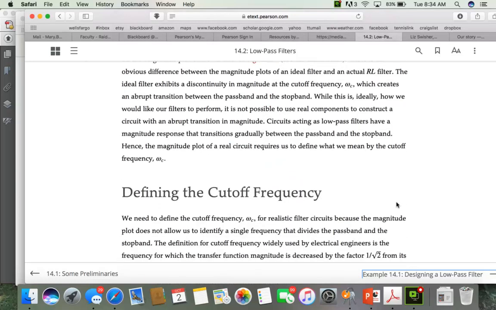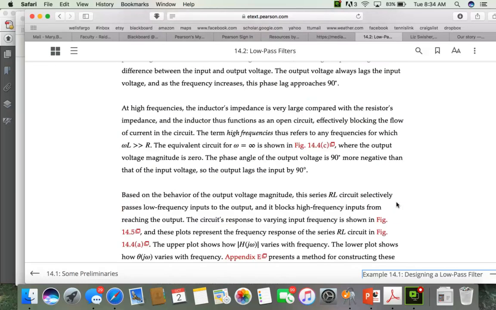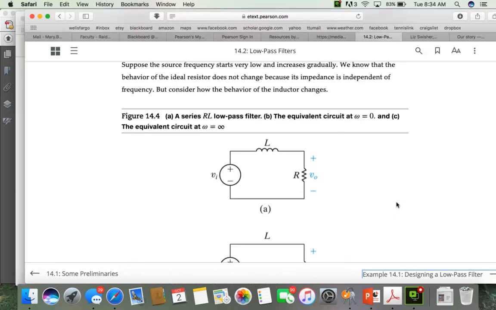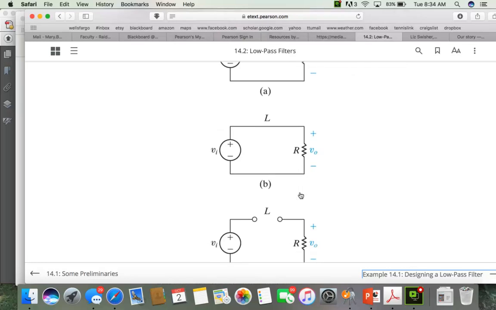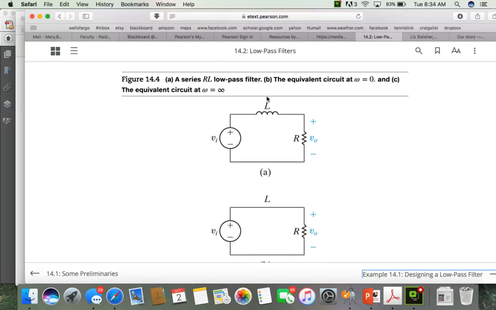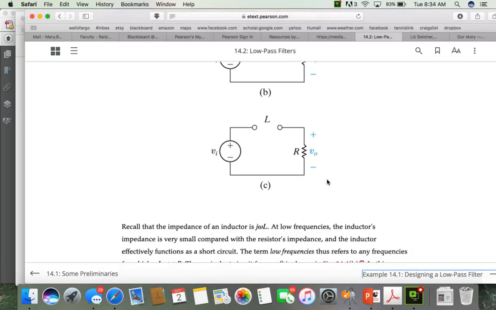So let's move ahead. Let's come back. This is our example for an RL filter. Here is the circuit just drawn in the time domain. If we think about it, when we have zero frequency, we have DC, the inductor looks like a short, and so we would expect all of the voltage to drop across the resistor.